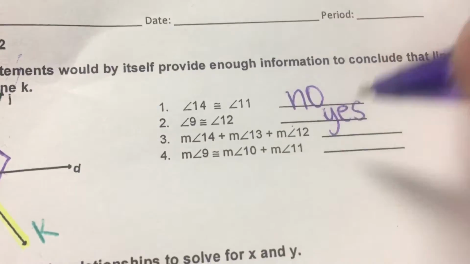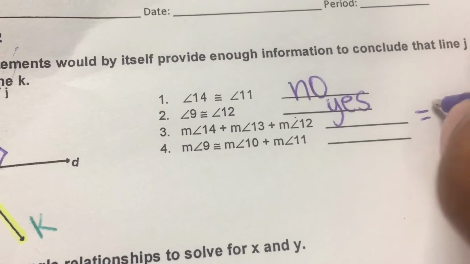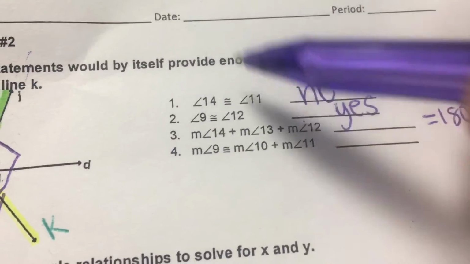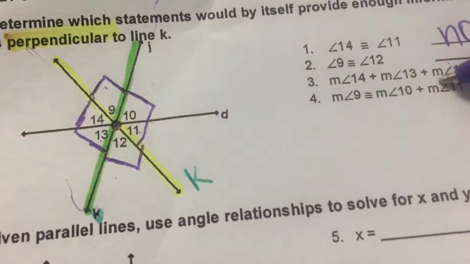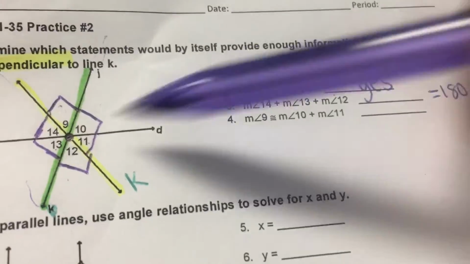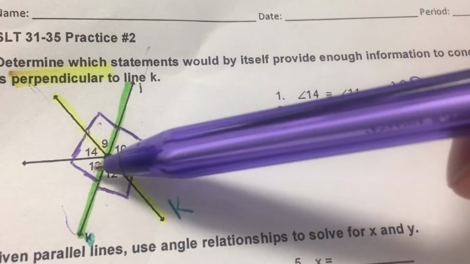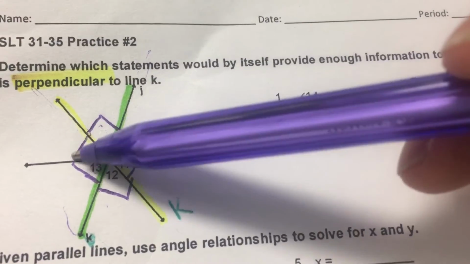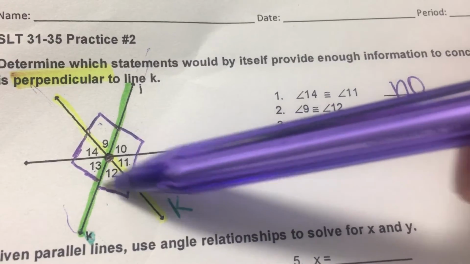Now here, this one was supposed to equal 180. My bad again. So sorry. So if 14 plus 13 plus 12 was equal to 180, would these lines be perpendicular? Let's see. 14 plus 13 looks like it could be 90, plus 12, which looks like it could be 90.